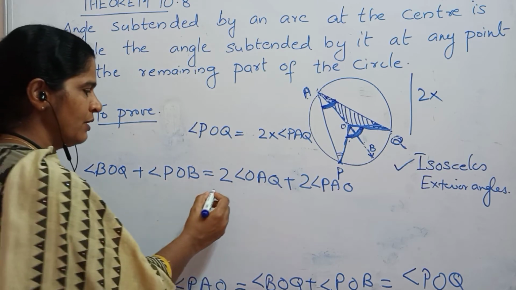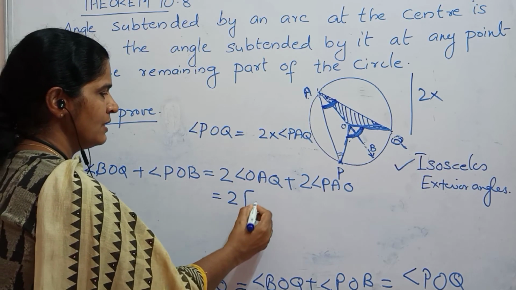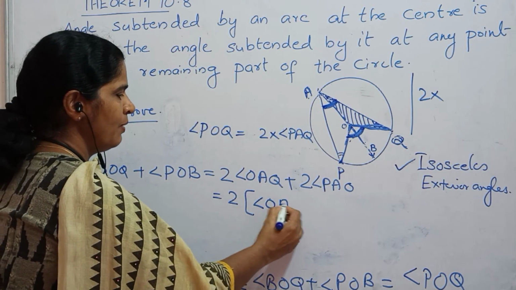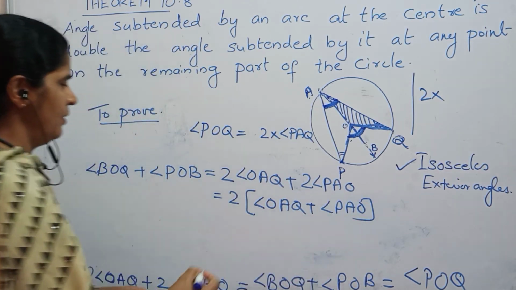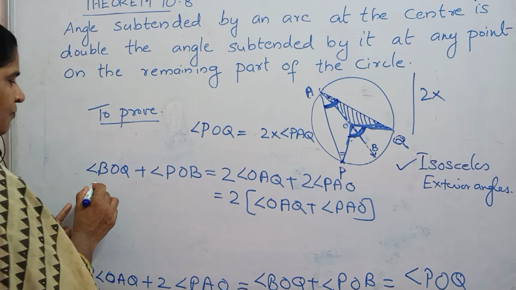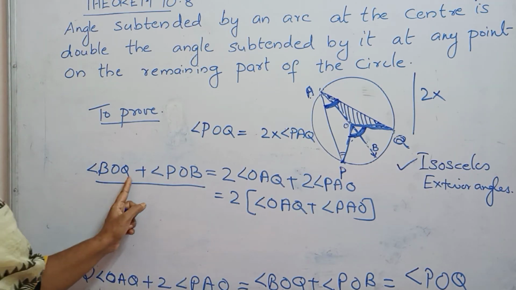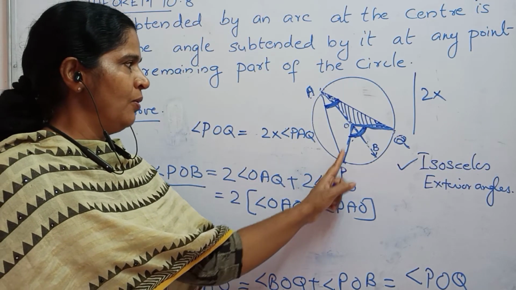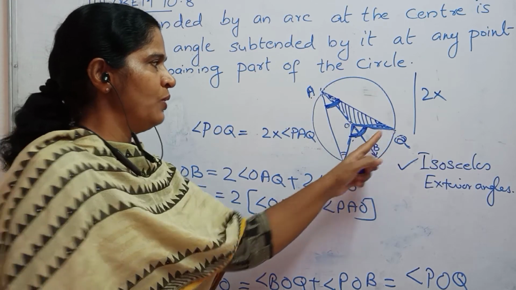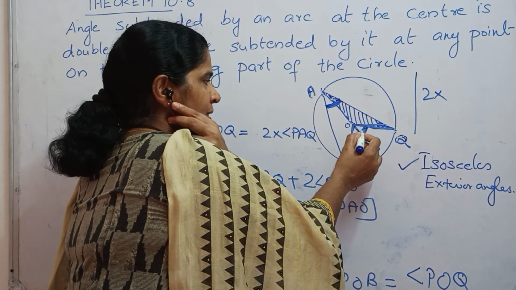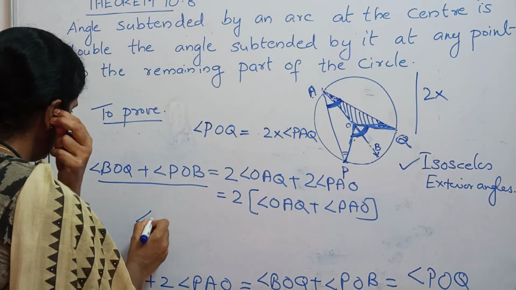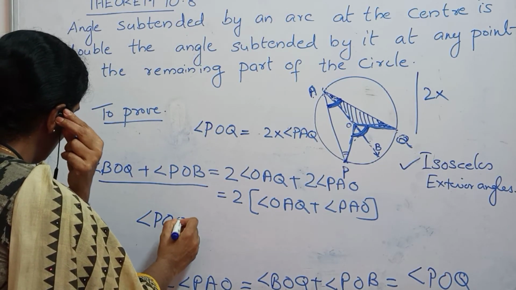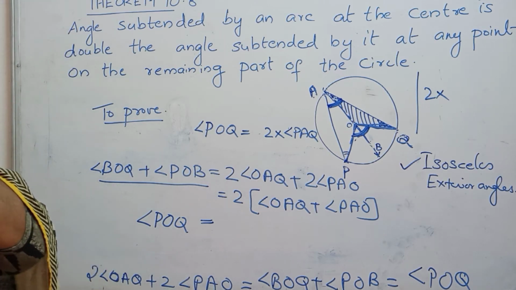Here 2 is common on the right side, so writing it outside: 2 times the sum of angle OAQ plus angle PAO. Now look at the figure. What is the sum of BOQ and POB? POB and BOQ together make the total angle POQ.